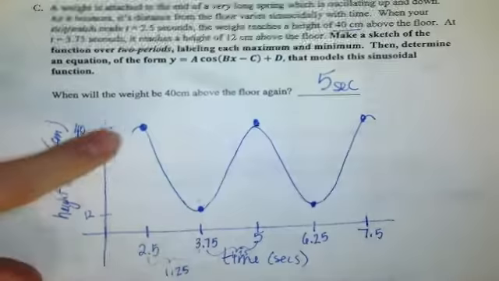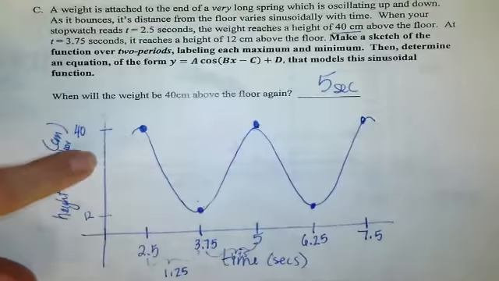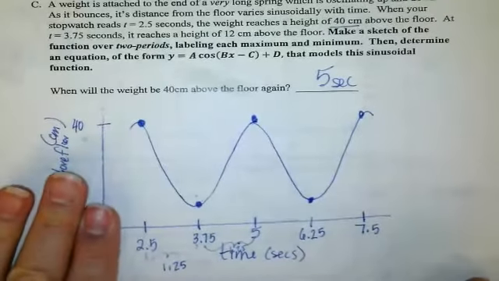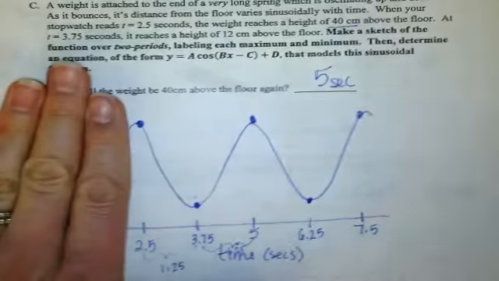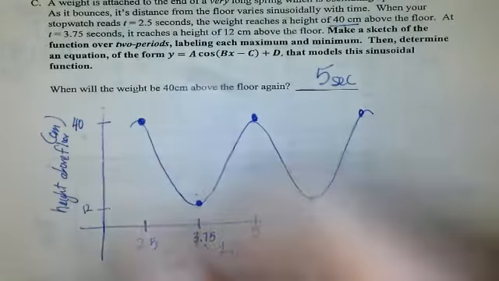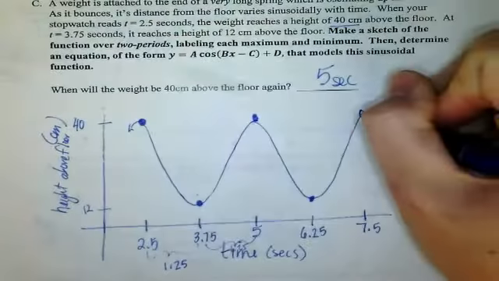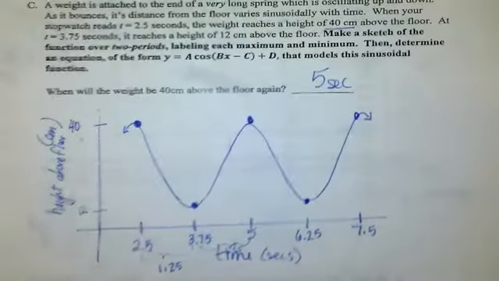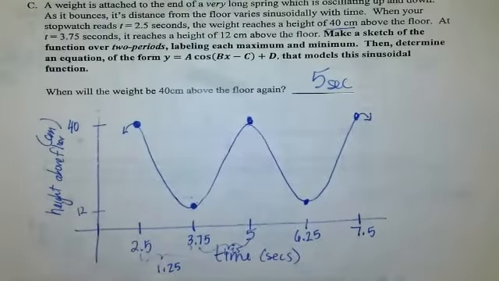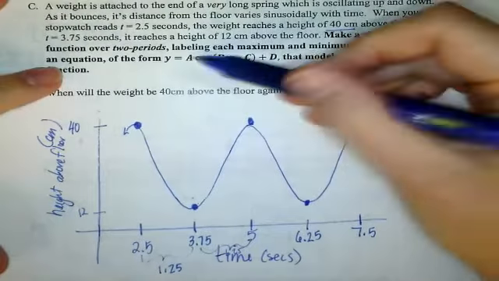You'll notice I did not make this go all the way to the axis, because I know nothing about where it was at time 0. I only know what they gave me, which was at 2.5, it's at 40. So yes, it goes on, but I don't know where it intersects. If you can do that, ladies and gentlemen, then that's everything you need to be able to write the cosine equation.